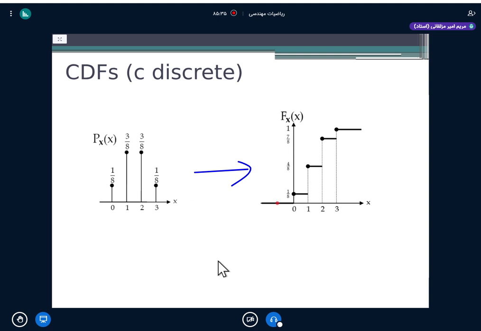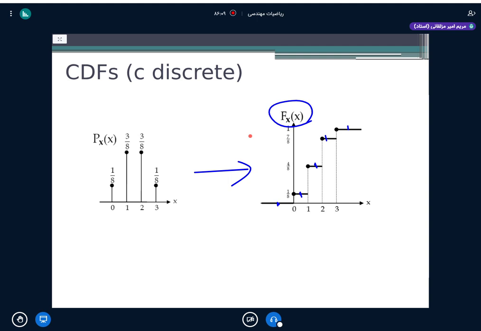For example, you select a negative value, a value in this interval, a value in this interval, and you can continue to obtain the CDF completely. If you have any question, please ask me.